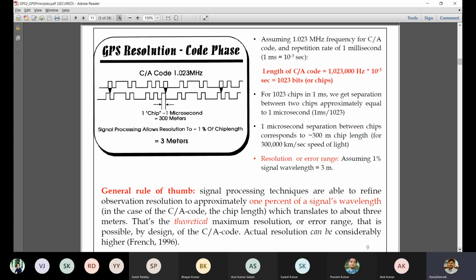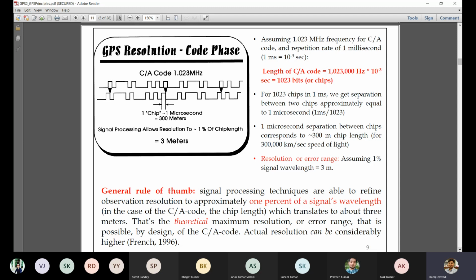And with the 300-meter chip length, you can achieve resolution in the range measurement up to 1% of the signal wavelength. That means 3 meters. So the general rule of thumb says signal processing techniques are able to refine observation resolution to approximately 1% of the signal's wavelength.